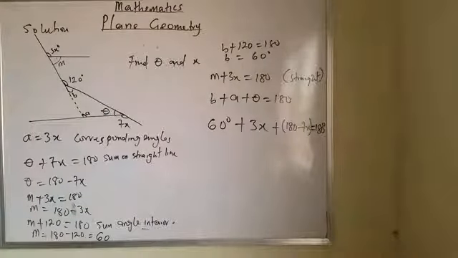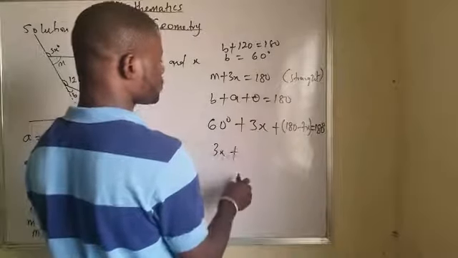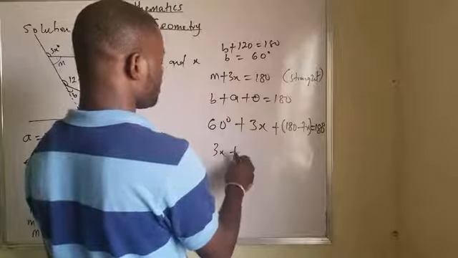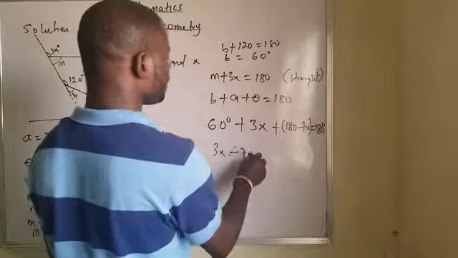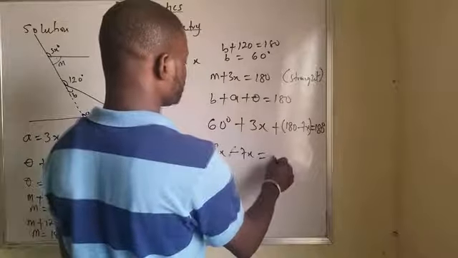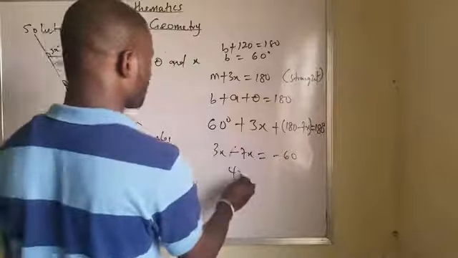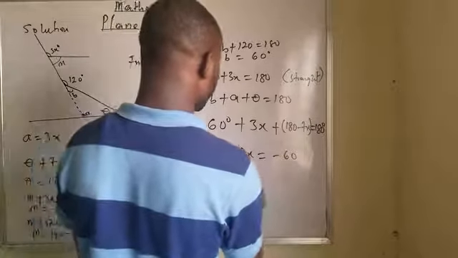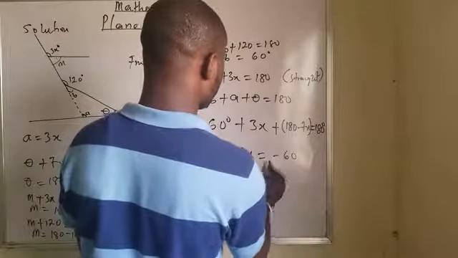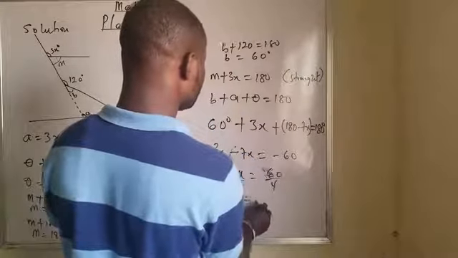It means 3x minus 7x equals minus 60. This minus this, it will be minus 4x. My x will be divided by 4, so x equals 15 degrees.